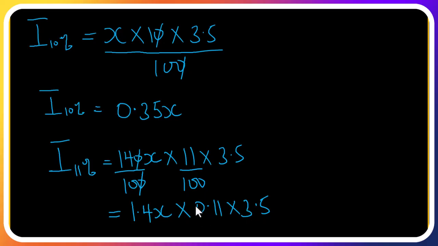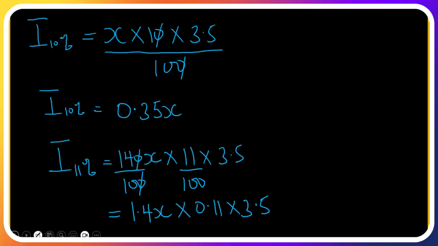So compute this on your calculator in its simplest form. The 11% interest is equal to 0.539x, which is the interest generated at 11%, and this is also the interest generated at 10%.